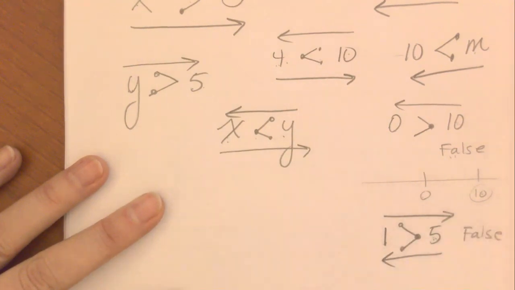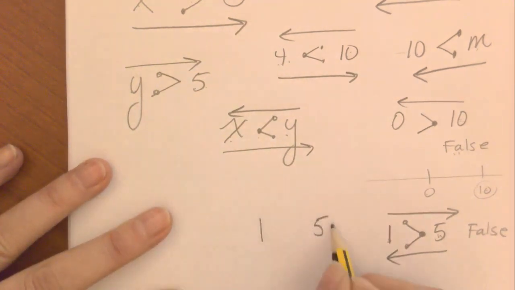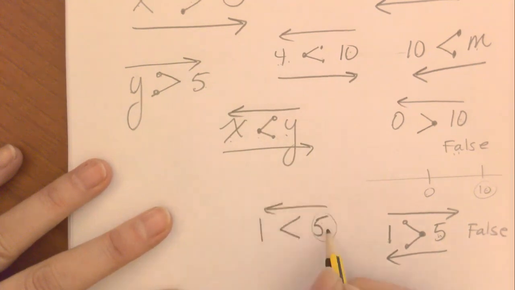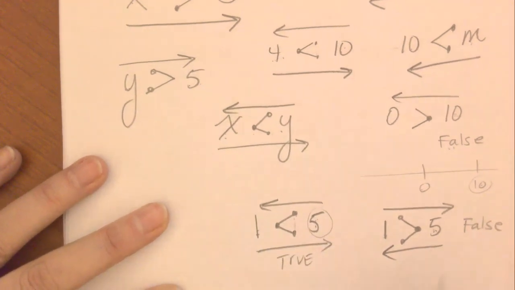So we can make false statements, or we can make true statements. We know 5 is bigger, so let's make it this way. If we read it this way, 5 is, I touch the big side first, 5 is bigger than 1. That's true. If I read it this way, I'm going to touch the small side first, so 1 is smaller than 5. That's true. So those are true statements, but this one is a false statement.